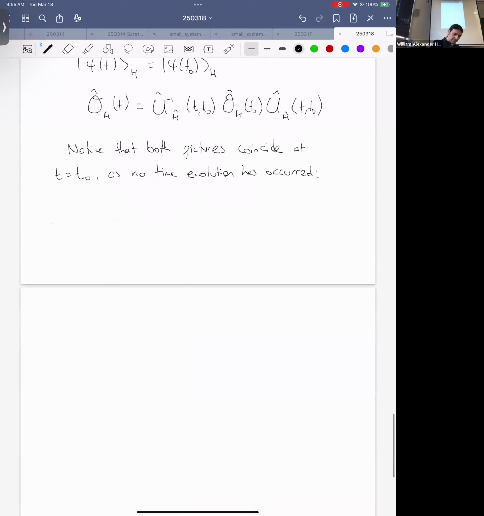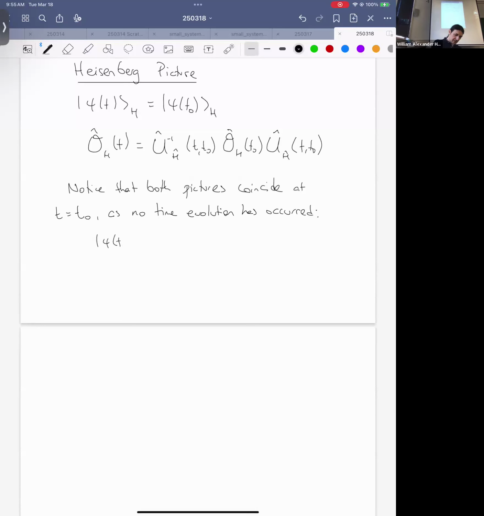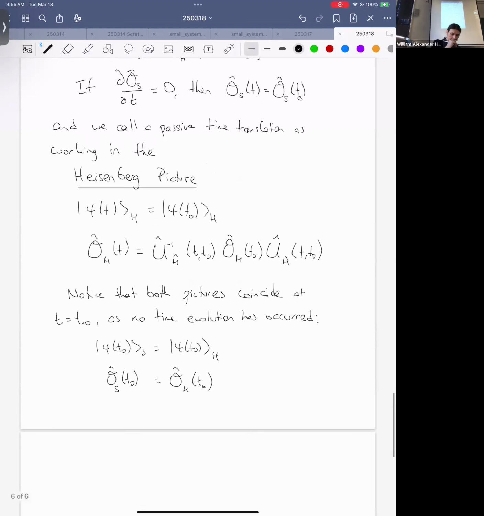So we have that psi at t0 in the Schrödinger picture is psi at t0 in the Heisenberg picture, and our operator at t0 in the Schrödinger picture is our operator at t0 in the Heisenberg picture. Maybe another subtle difference to my time evolution operator is associated with an h hat Hamiltonian, and I'm writing a subscript h to denote the Heisenberg picture, no hat. Good. Okay.